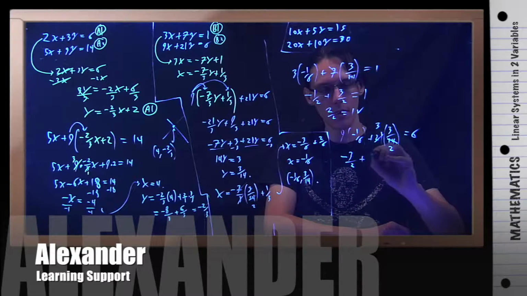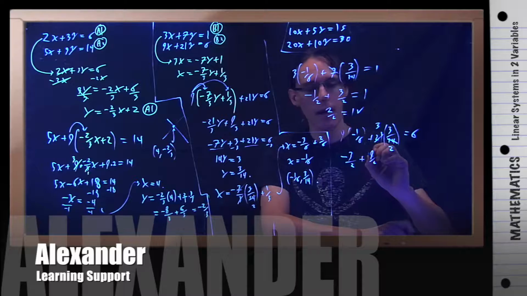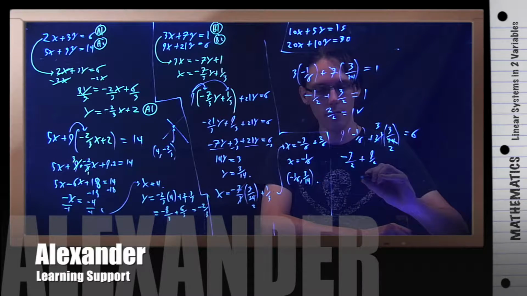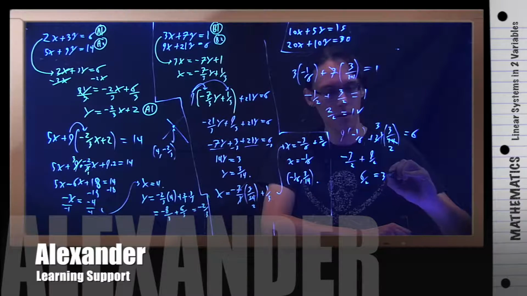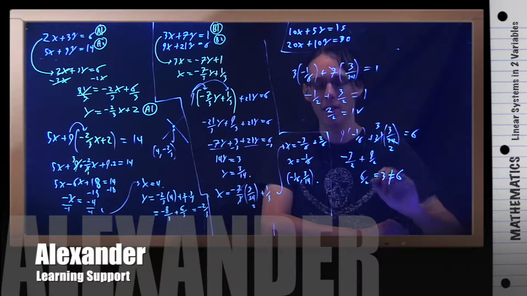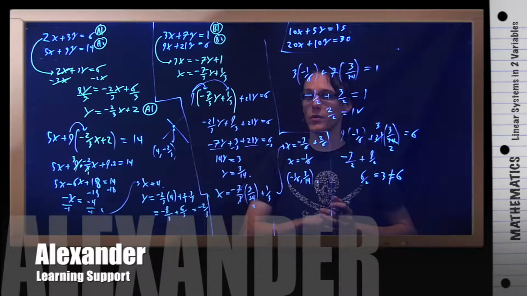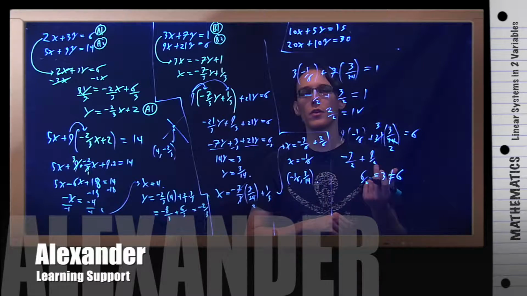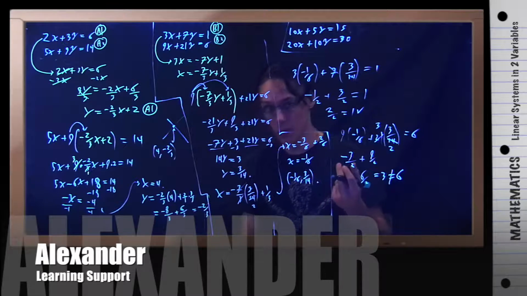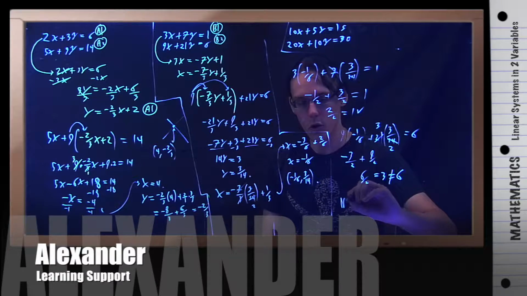So this becomes plus 9/2. And 9/2 plus negative 3/2 is 6/2, which equals 3, which does not equal 6. So because I did all my algebra correctly, but I got a point which only worked for one equation but not both, this one would have no solutions.